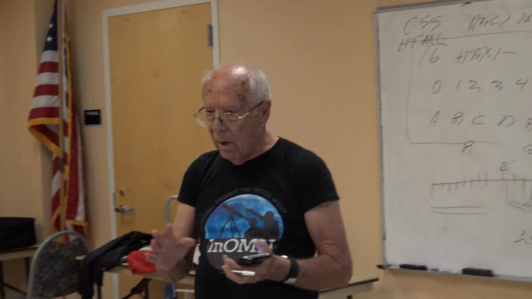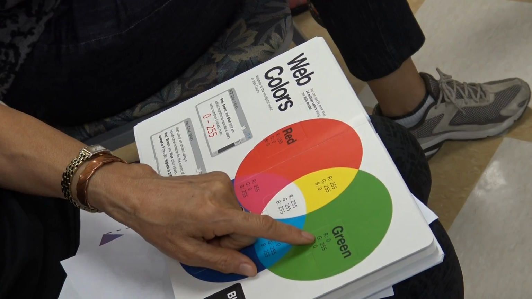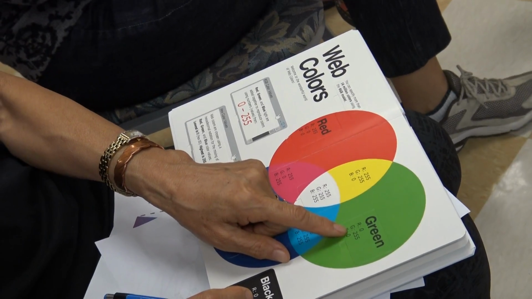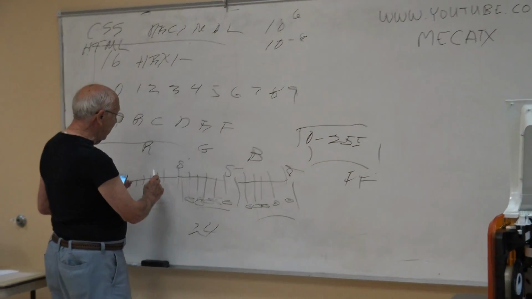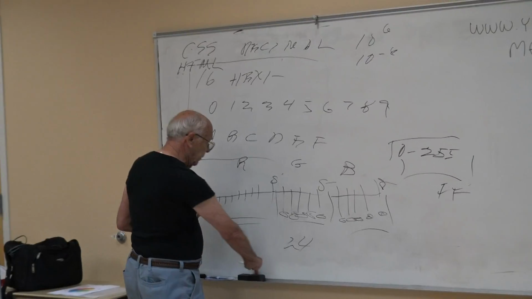So if you look at your primary colors there, you have your red, green, blue. So green would be where the green is, 255, okay? So this is RGB. So this one here would be 255. This would be all zeros.